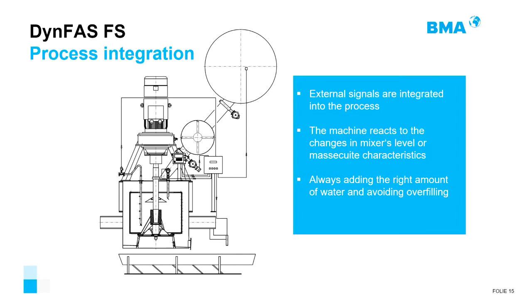And if it is not possible, because for example, the level is so low and we don't have enough gravitational pressure, then we will adapt automatically the amount of washing water according to the level of the basket, the filling level of the basket.